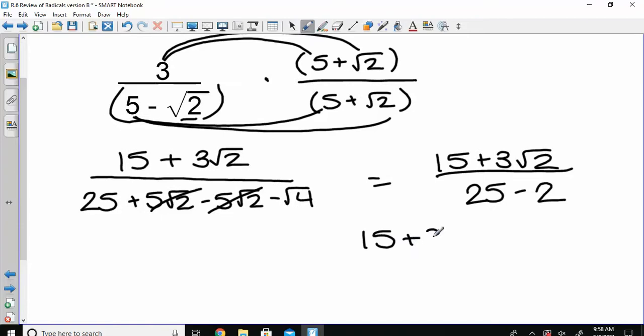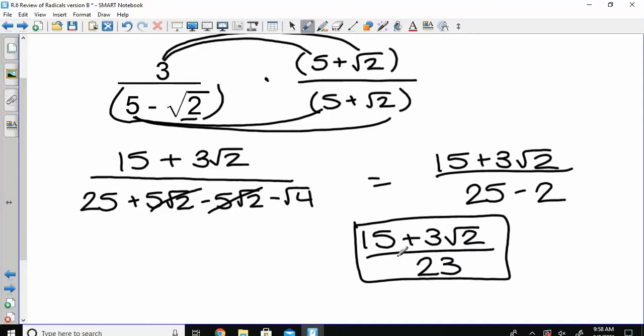So that's 15 plus 3 radical 2 over 23. So anytime the bottom is more than 1 term, you have to do the conjugate.